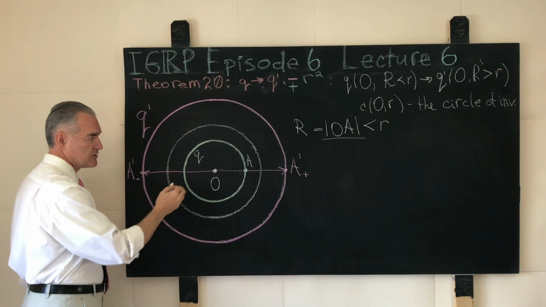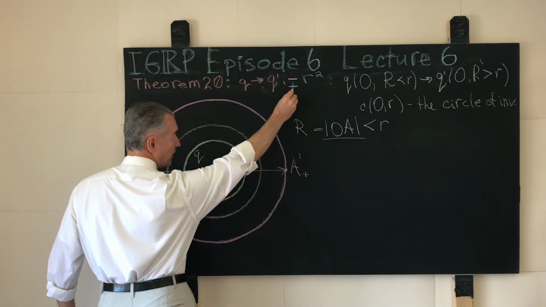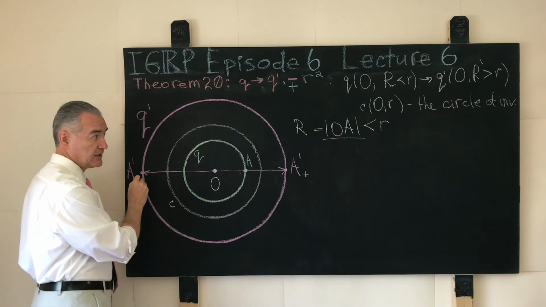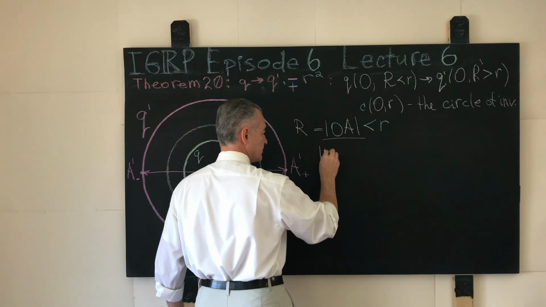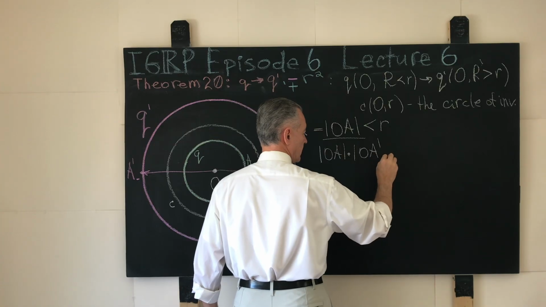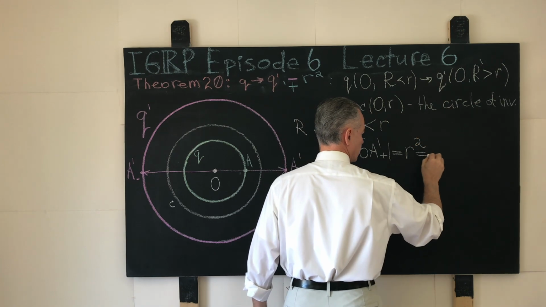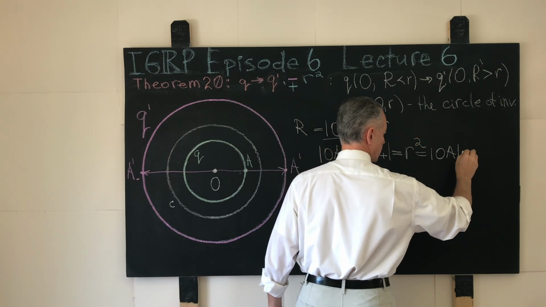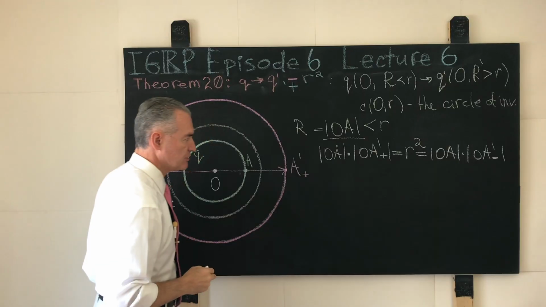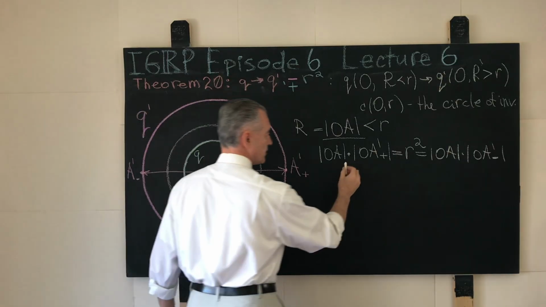And for either point, the image of the given point A when the power of inversion is positive, or the image when the power of inversion is negative, we will either way have one and the same relation: OA times OA prime plus is equal to R squared, which equals OA times OA prime minus. It doesn't really matter.